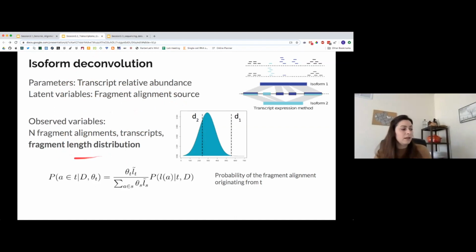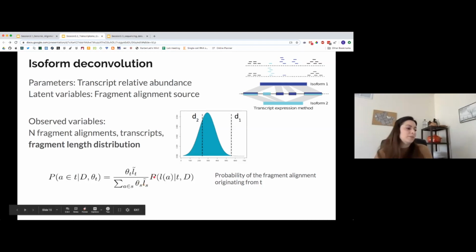So the probability of a given alignment A to originate from transcript T, given the distance distribution D that we calculated, and the parameter we don't know, which is the transcript relative abundance, is going to be equal to the fragment abundance multiplied by the transcript length divided by the sum, for every other transcript that that read maps to, of the fragment relative abundance multiplied by that transcript length.